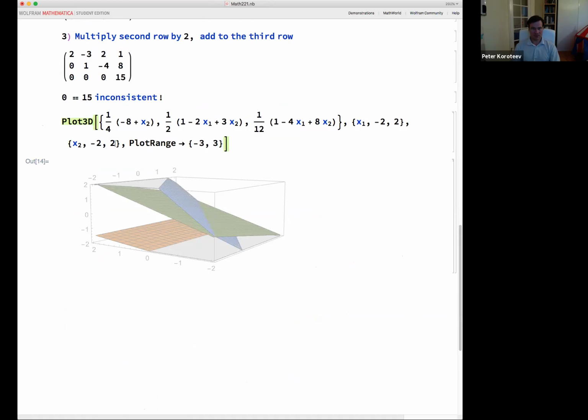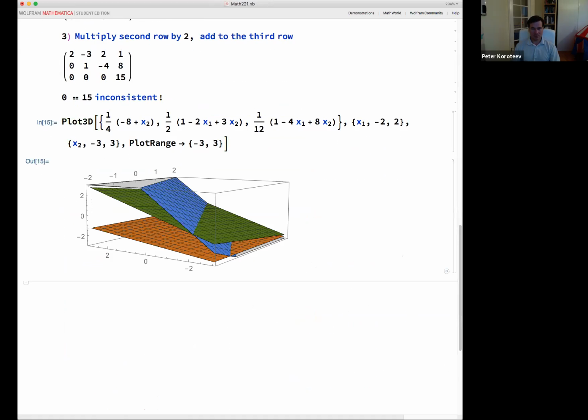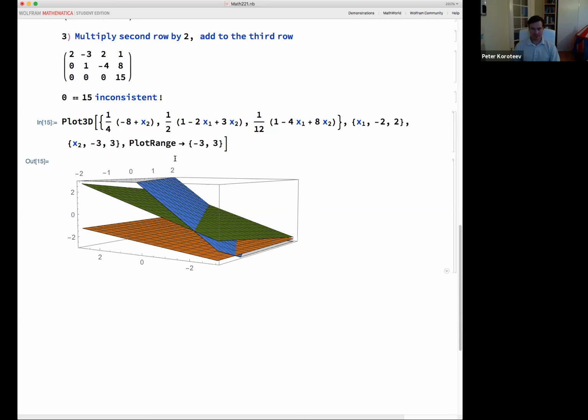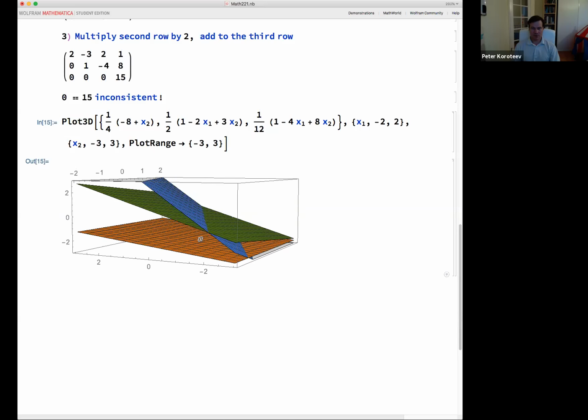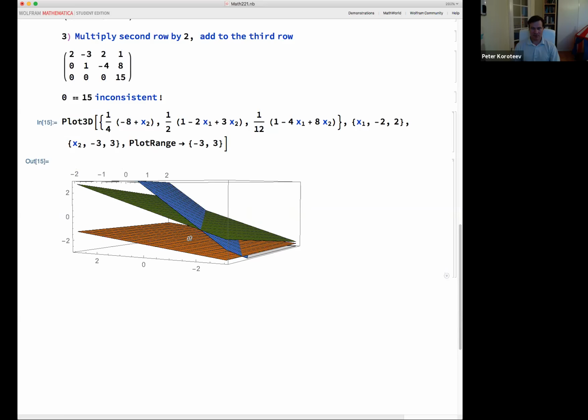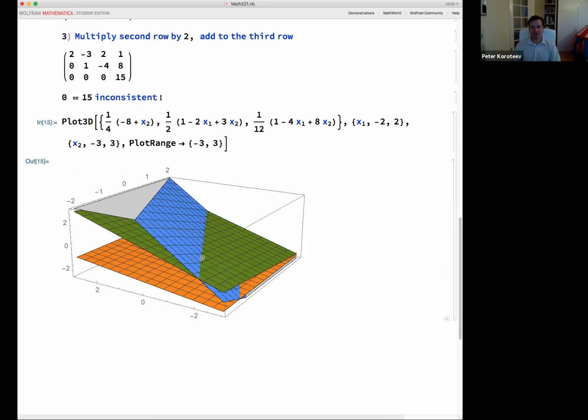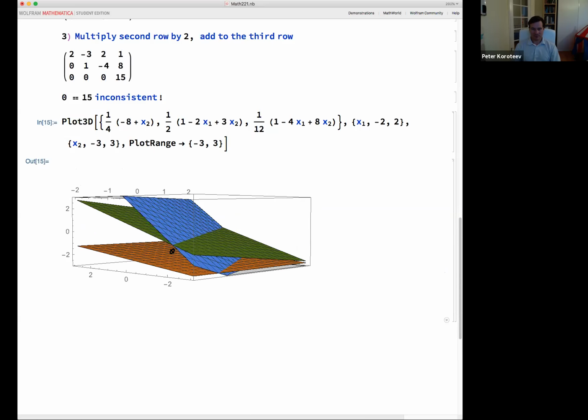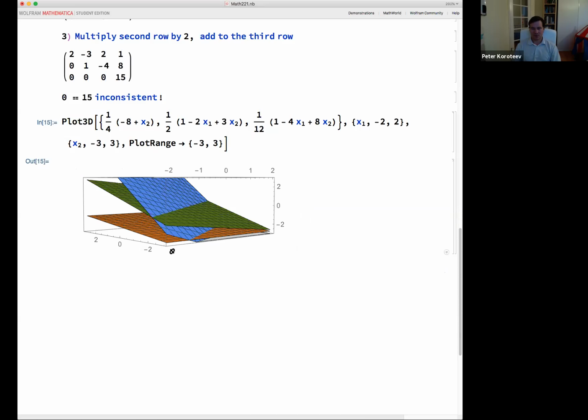But it's clear that they do not intersect at one point. The orange, green, and blue planes intersect each other pairwise, but never do they intersect at the same point. So that's why there is no solution.